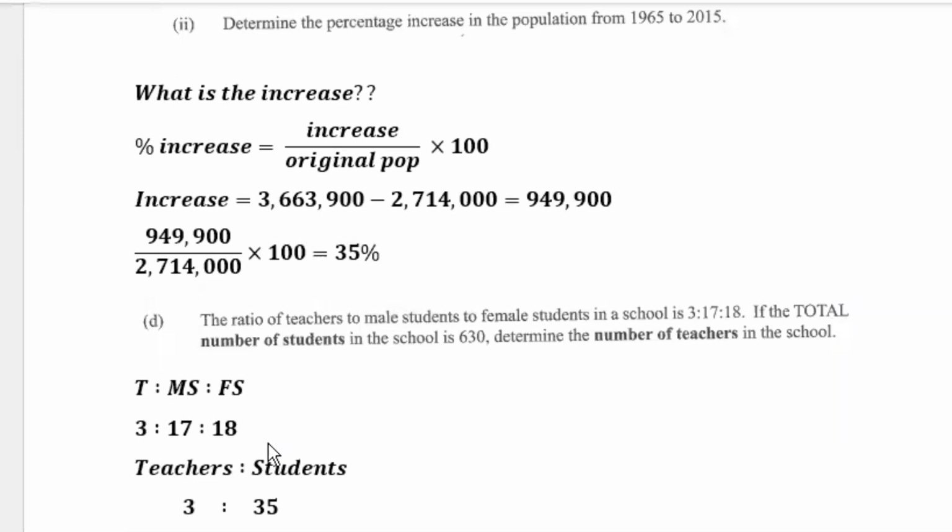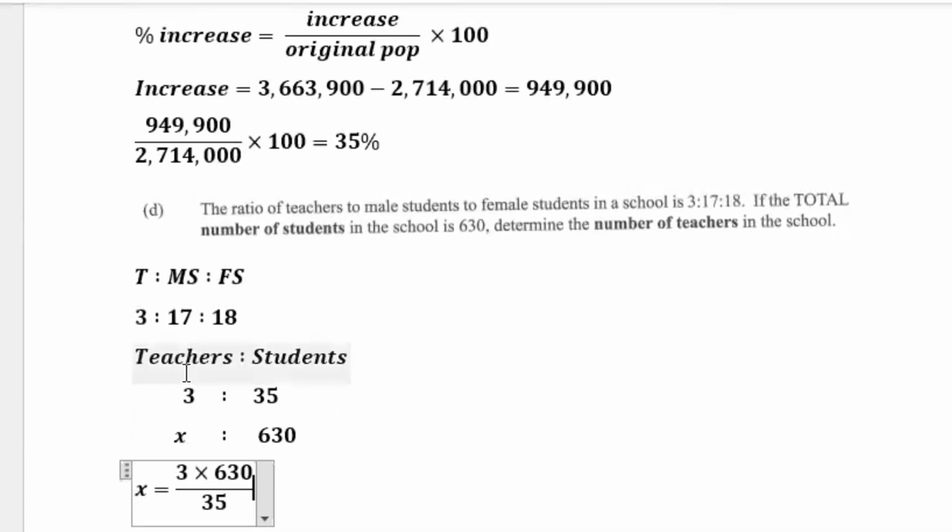Looking at it like this, we can cross multiply, and you'll get x is equal to 3 multiplied by 630, all divided by 35. Or it's the same as saying 3 over 35, which is the ratio of teachers to students, multiplied by 630.